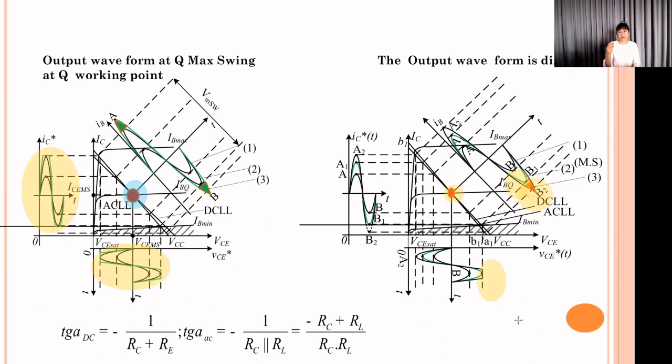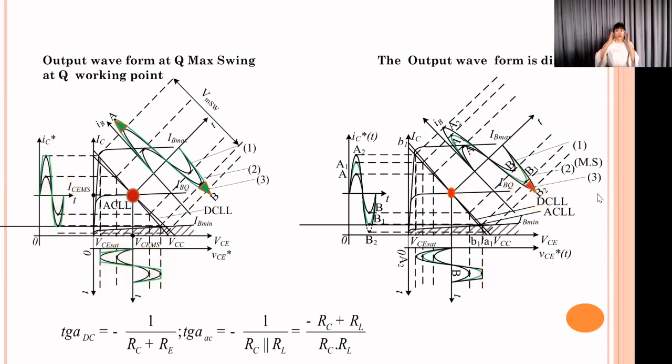You can see the black color and the green color, black and green. You can see the black waveform has the distortion in one half of the waveform output.